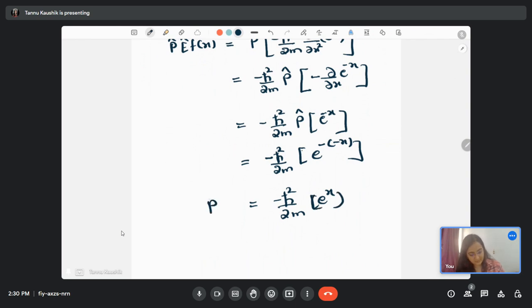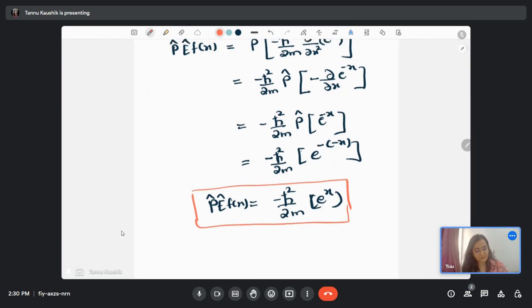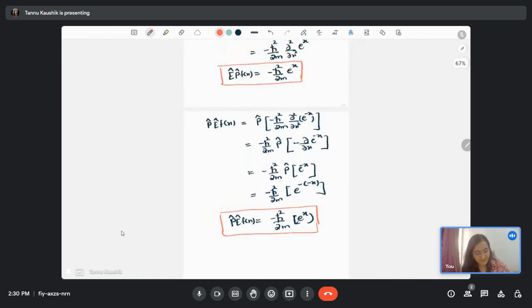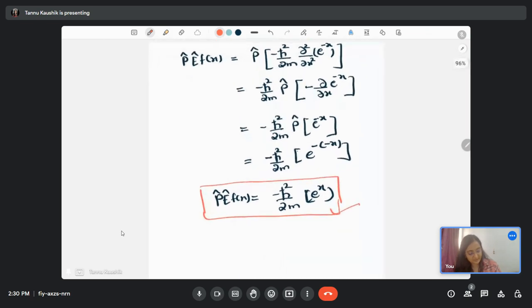What will we get? We will get e^x. So we can see that both of these are the same.